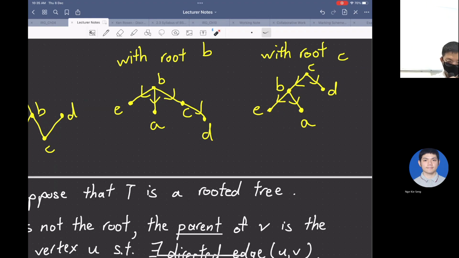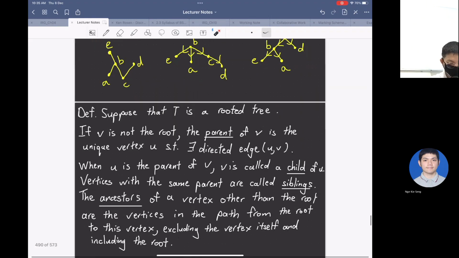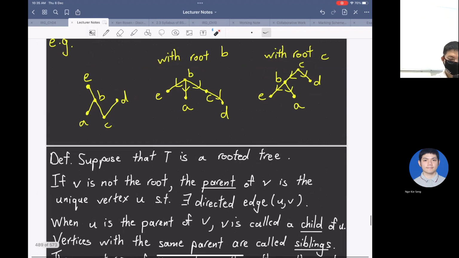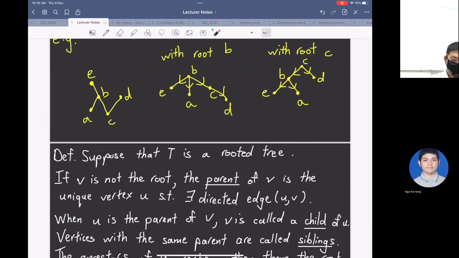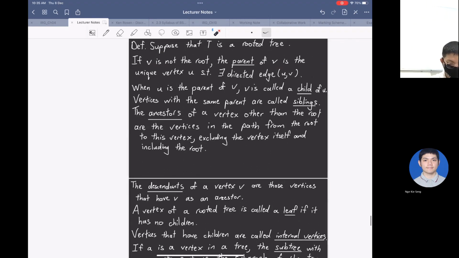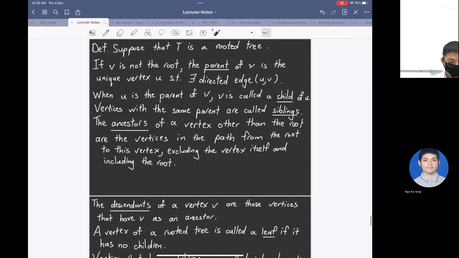And then how about descendants? Descendants are those vertices that have V as an ancestor.